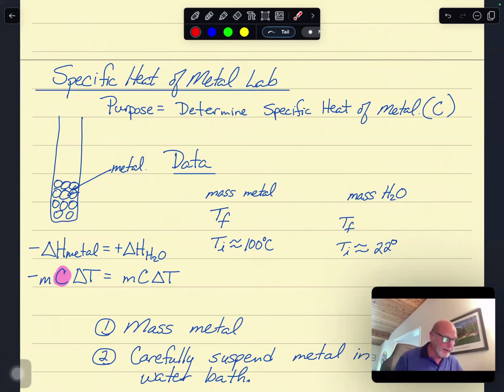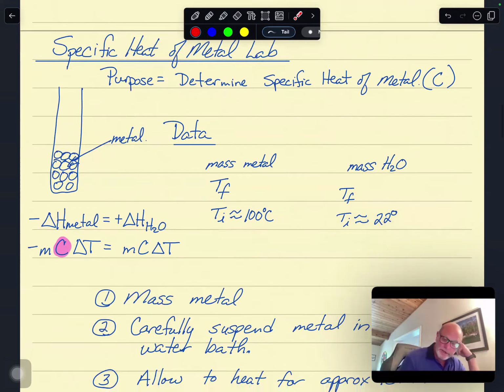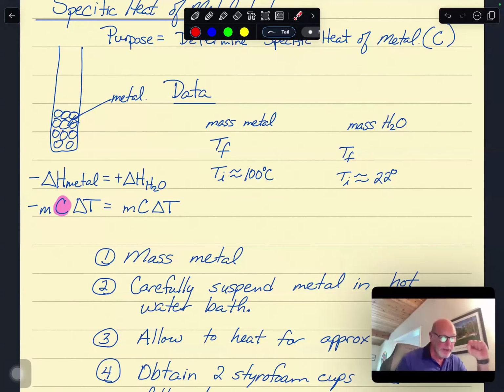All right. This one we did a couple of chapters ago with thermo. You're going to determine the specific heat, C, of that metal. The metal we used last time was aluminum. It was in a little shot or a pellet form. You're going to have a little bit different form of that metal, but it probably will not be aluminum.